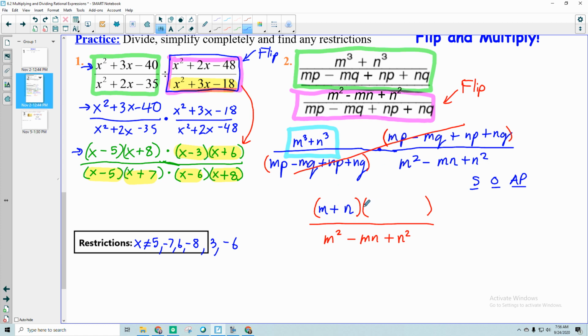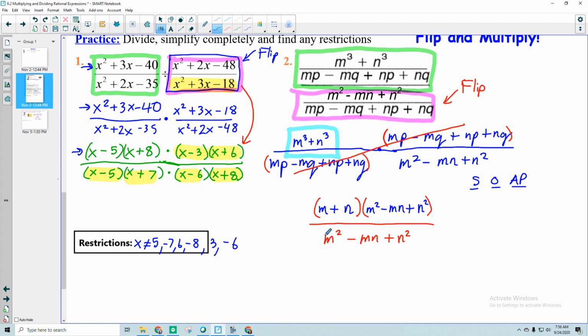And then the next term that I have in the trinomial is m squared. The sign that comes after that is the opposite sign of what I started with, so that's a subtraction sign. And then now I'm multiplying these two together to make that middle term. So mn. Last sign is always positive. And then at the very end, I just have n squared.